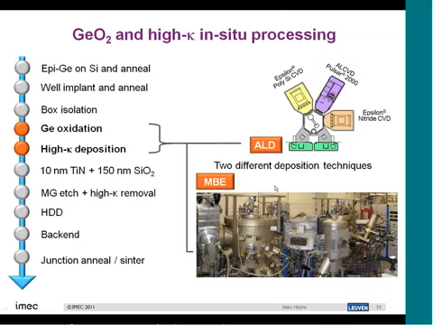The only problem is that this kind of silicon passivation only works on PMOS devices. It doesn't work on NMOS devices, because on NMOS devices the carriers will be in the silicon instead of in the germanium. So that's why we also have been exploring other ways of passivating the germanium, by doing things like in situ passivation, combining sulfur passivation with in situ deposition of high-k materials.